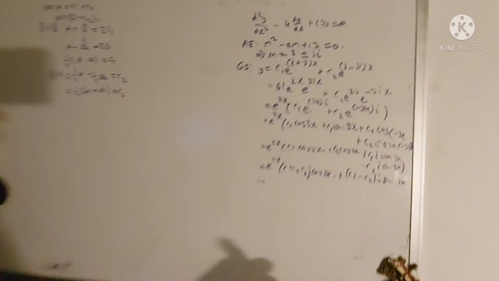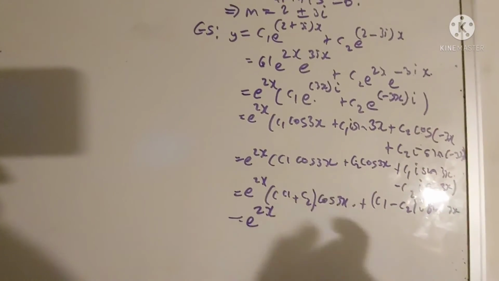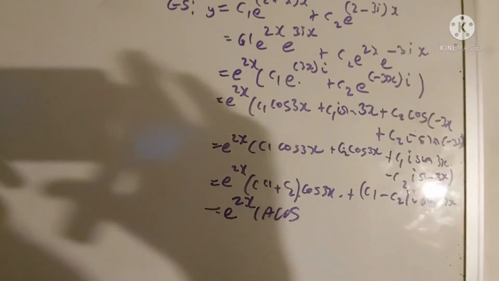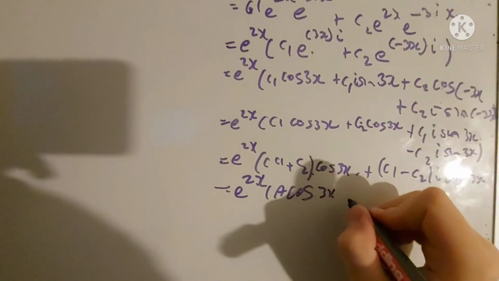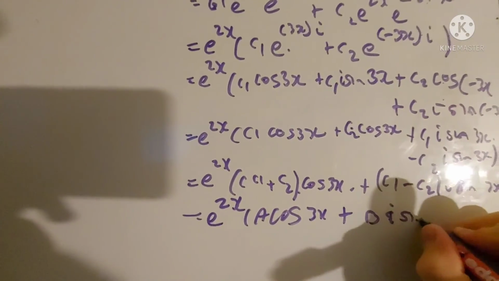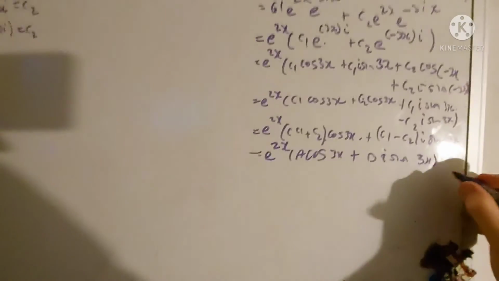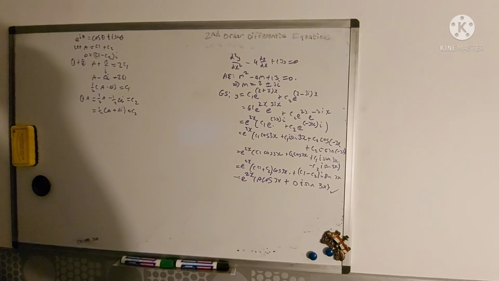So for completion, we've got e to the 2x times A cosine of 3x plus B times i sine of 3x. And that is the general solution to that differential equation. Done.